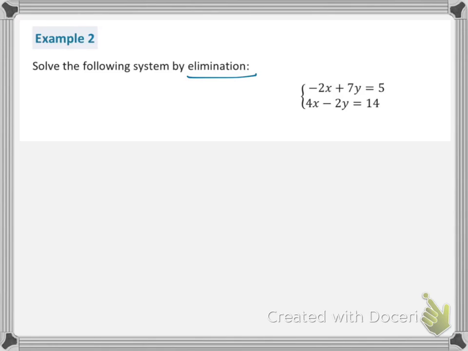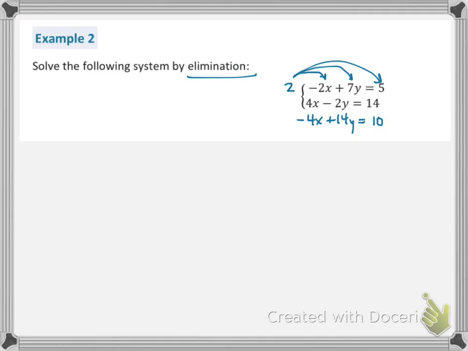If I multiply this top equation by 2, that will give me a -4x, and a -4x and a +4x would eliminate. So let's do that. We're going to use the distributive property. 2 times -2 is a -4x. 2 times 7y is a +14y. And 2 times 5, that's 10.